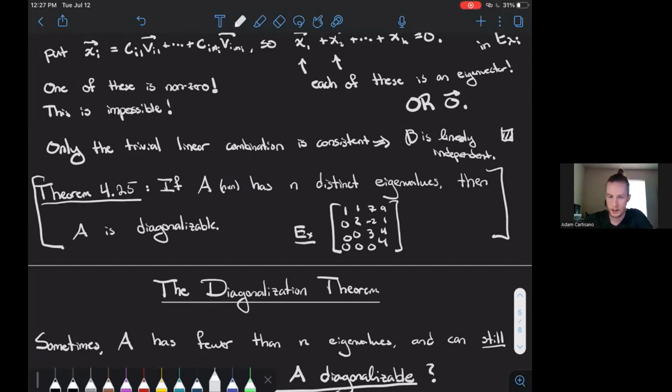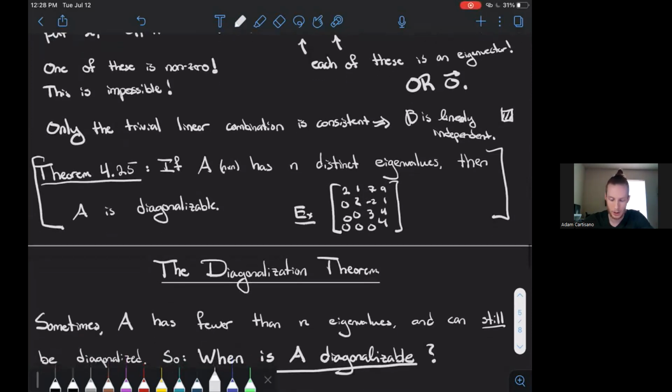So in other words, the eigenvalues of this matrix are 1, 2, 3, and 4. It's a 4 by 4 matrix, which means, since we have 4 distinct eigenvalues, this matrix is automatically diagonalizable. If you turn this 1 into a 2, it's out the window. We don't actually know if it's diagonalizable or not. We have to do a computation.